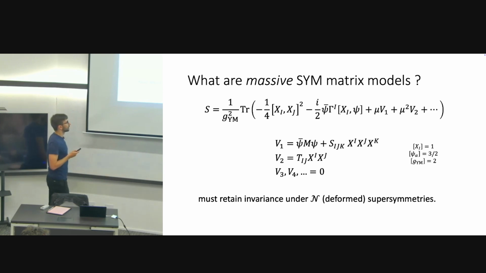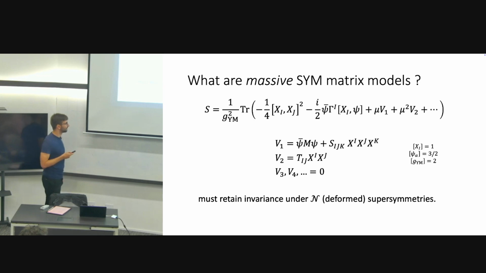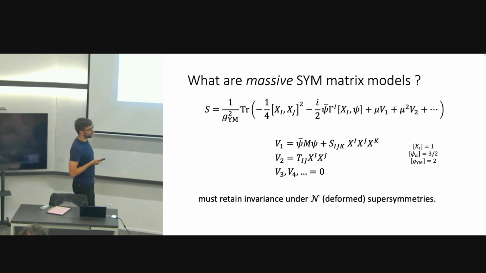For the other term, V2 has dimension 2, so the only way to have dimension 2 in my units is just x squared. You may ask why I am doing this, why I am scaling these numbers out of the integral. The direct answer is that I'm doing it like in polarized IKKT.